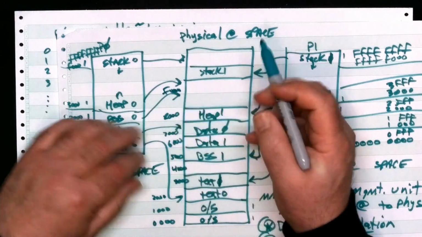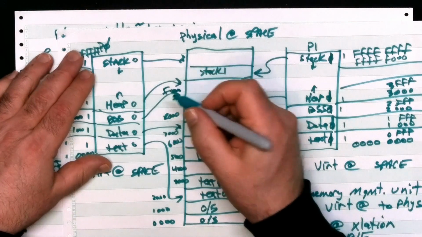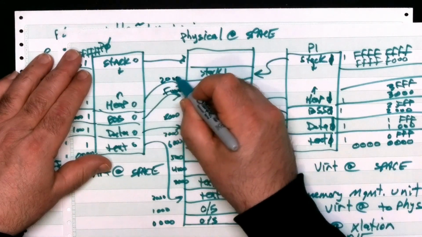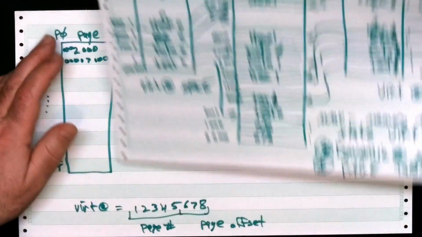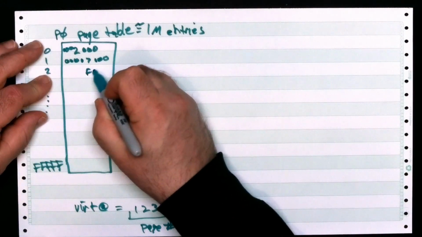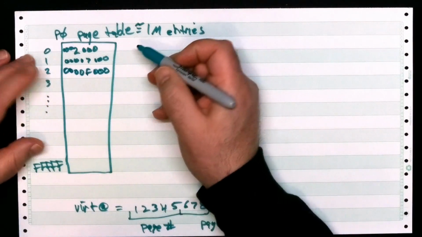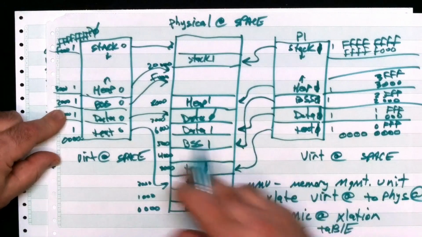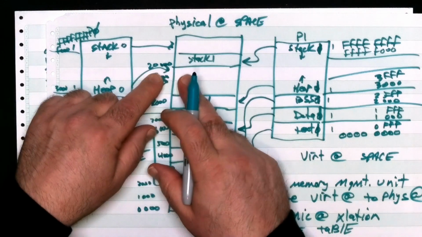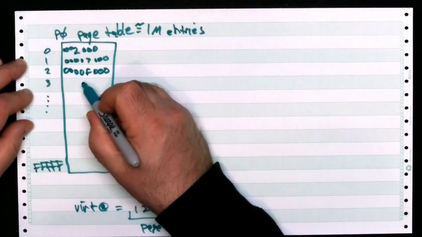And let's say the heap is mapped at 20000. If that was the case, that F000 would go here, and this page number 3 up here to 200000.